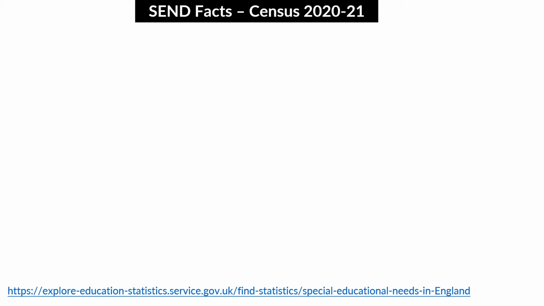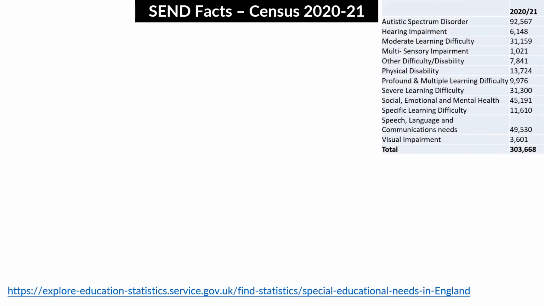The publication of the census data and also the way it's presented on the website is actually really helpful in allowing us to build up a really clear picture of the special educational needs and disabilities that exist within our schools.